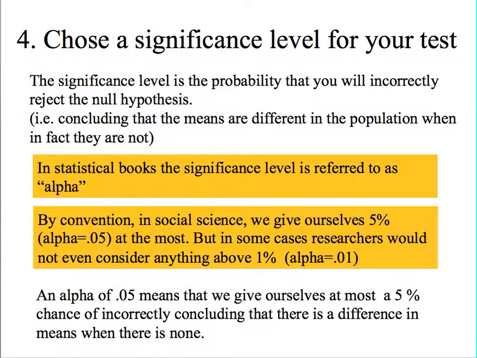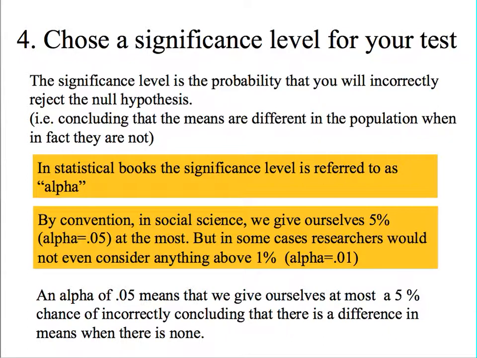Now, you would remember this from past stats courses when you did hypothesis testing, that the significance level is the probability that you will incorrectly reject the null hypothesis, right? In other words, that you would end up concluding that the means are different in the population when they are in fact not. You decide on this probability that you want to give yourself of committing this error, which is, by the way, a type 1 error.